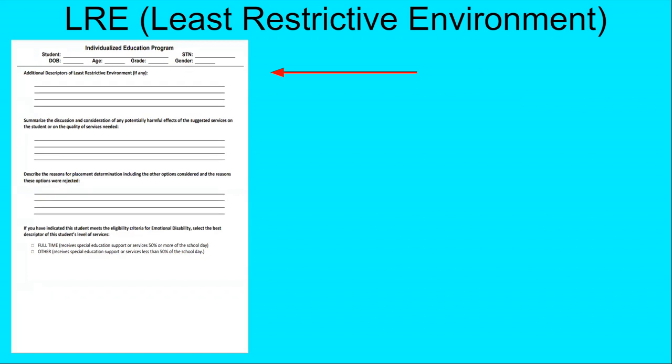Or if you need more detail about the least restrictive environment, additional descriptions of what that entails, you would put that in this section. Typically though, in my experience, we just put NA, okay, unless there's something glaring that we need to put in there, because typically, we don't necessarily need to put anything in there.